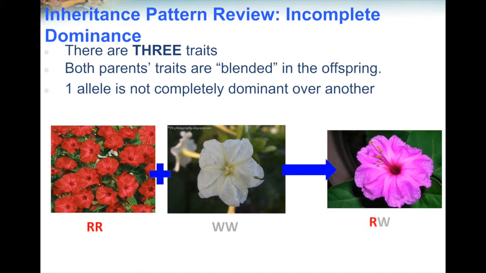So its genotype, it's going to get an R from the red flower parent and a W from the white flower parent. So here we have three traits, and the offspring, that third trait, is a blend of the first two. Now remember, when we take a look at incomplete dominance, the memory clue is blend in, like mixing in. So blend in, and that's for incomplete dominance.